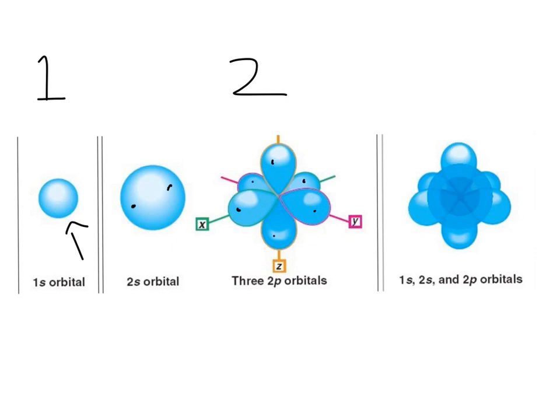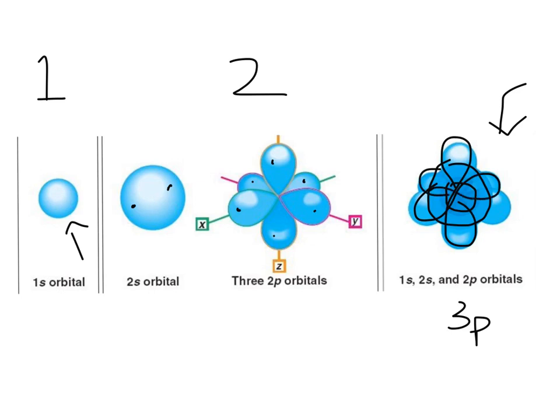And then this shows you all of them overlapping each other. So you've got the 1s, which is this sphere, the 2s, which is this sphere, and then you've got 3 p-shaped orbitals. I don't know why they're called p. S makes sense. That stands for sphere. I don't know what p stands for. They're figure 8s. 1, 2, 3 figure 8s. So you can see it kind of gets really messy.